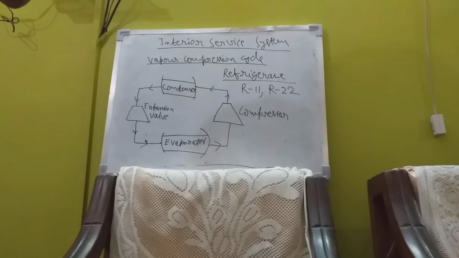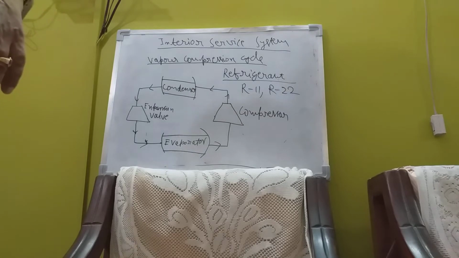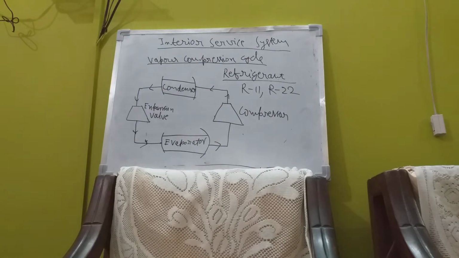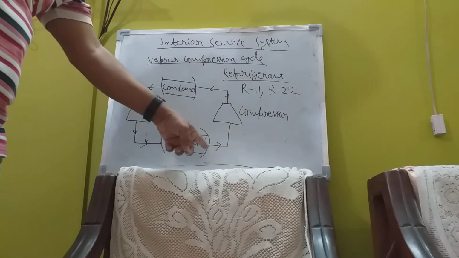As the sweat evaporates from liquid to vapor, it takes away heat from your body, and because the heat is taken away, you find coolness in your body. Using this basic phenomenon, we are using the principles of heat transfer in the evaporator.